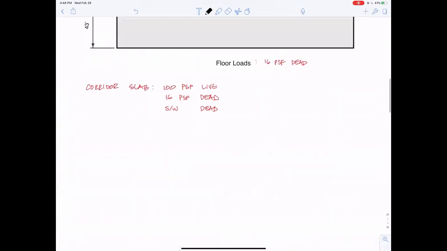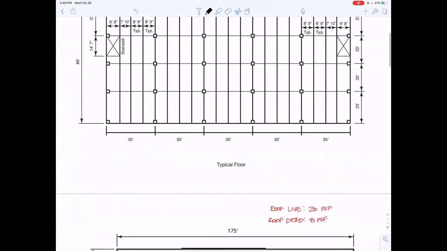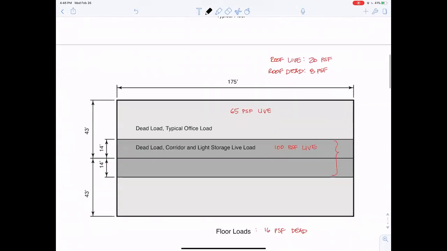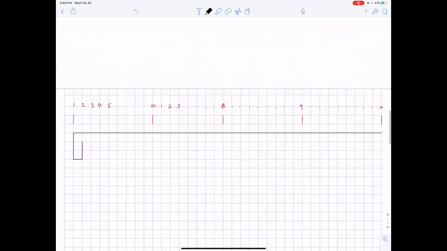If you look at how I sketched this out, very unfortunately, this dimension goes to the outside of the column, but these 3 dimensions are center to center. So I'm going to try and draw that. Oh, I know what I'll do, I'll just copy and paste.